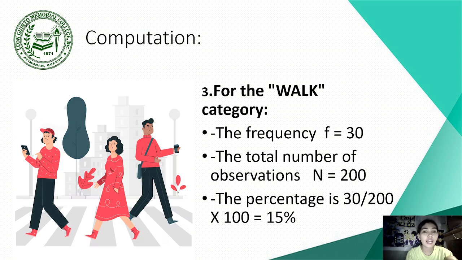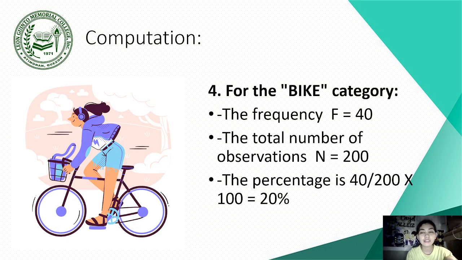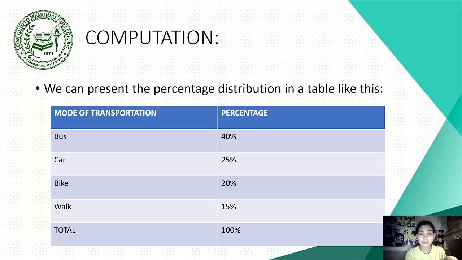For the walk category, we have a frequency of 30, the total number of observations is 200, so the percentage is 30 divided by 200 times 100, which is 15%. Then the bike category, the frequency is 40, the total number of observations is 200, so 40 divided by 200 times 100 is 20%.